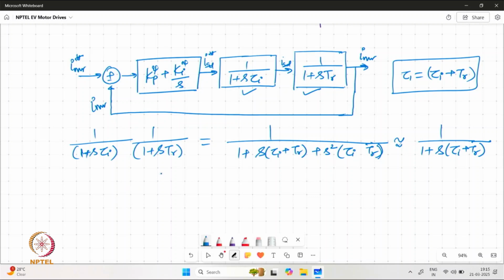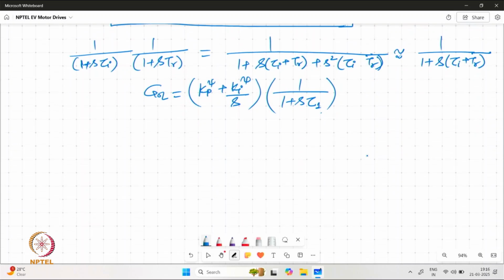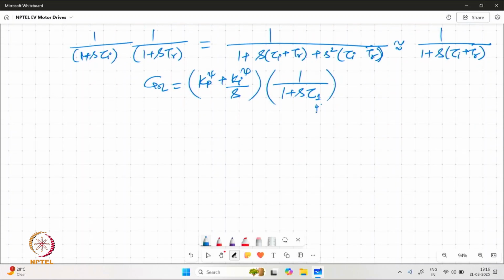So our open loop transfer function for IMR can reduce to, now once again similar to what we have realized for the current control loop, we have a slow pole available in the system. We have a zero which can cancel the zero on account of the controller.